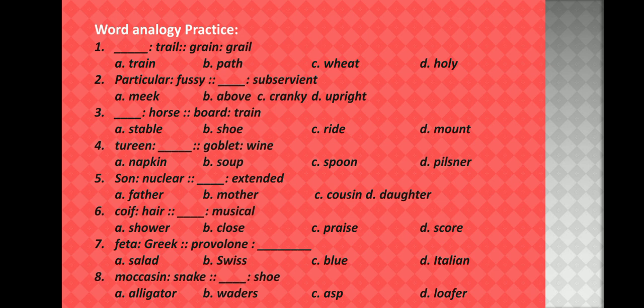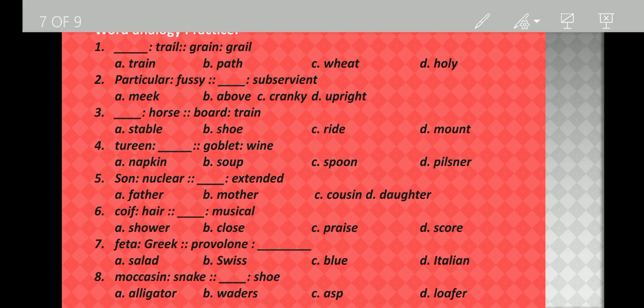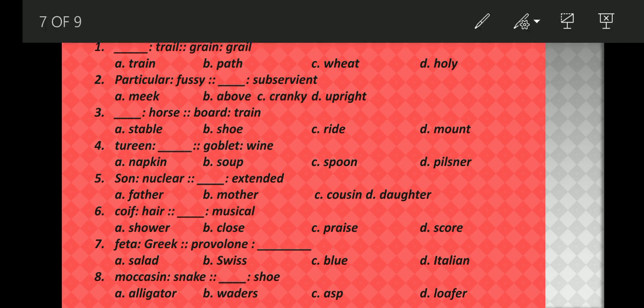Moccasin is a type of snake. Next, loafer. Loafer is a type of shoe.